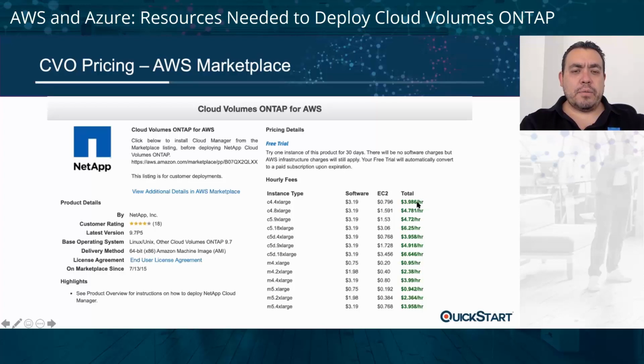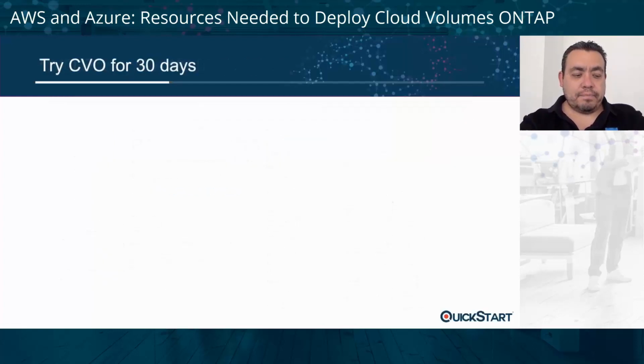And that gives you the total price, and you can see they charge you by the hour. Okay, that's if you deploy from the marketplace. Now, if you get the license from NetApp, you still pay for the software, that's based on the license, but then you still have to pay for the EC2 instance, okay? But that's the cost of deploying a CVO. Right now, you can see I'm showing you 9.7p5. You can go with 9.8, or again, you can upgrade to 9.9 if you want.